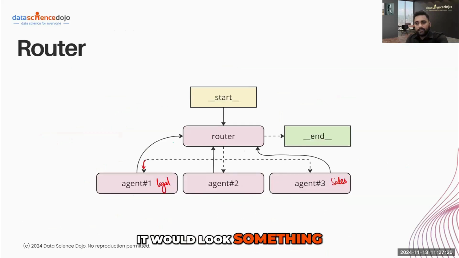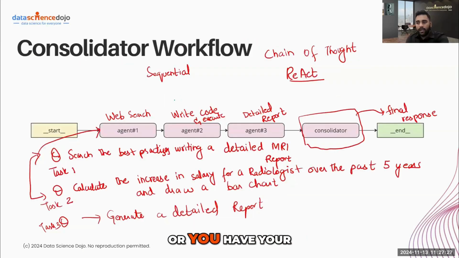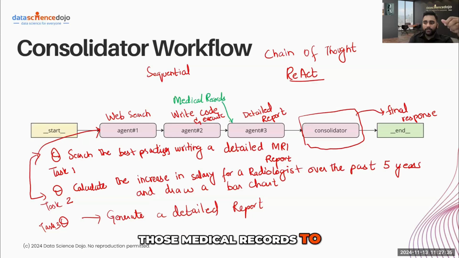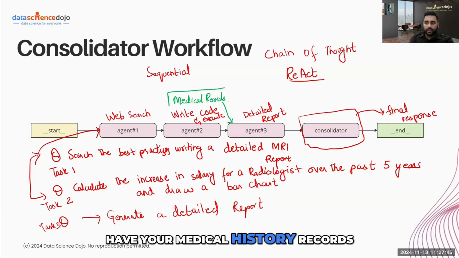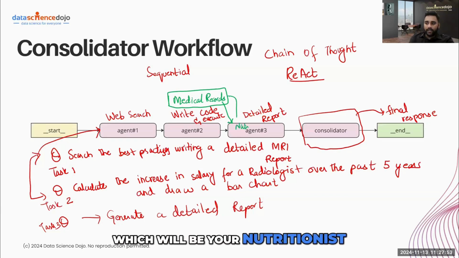It would look something similar to what we have learned here: this is your nutritionist agent, or you have your medical records over here, and then you pass those medical records to the next agent to give you some ideas about what your medical history is. And once you have your medical history records, you can pass them towards the third agent, your nutritionist, and it is going to advise you based on that.